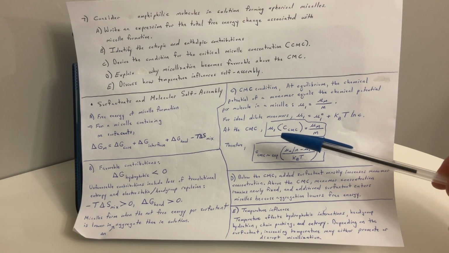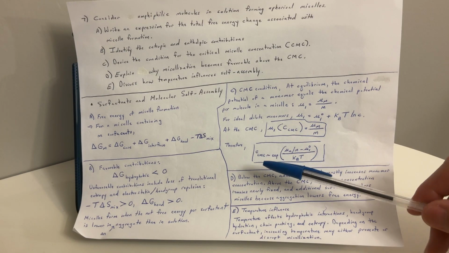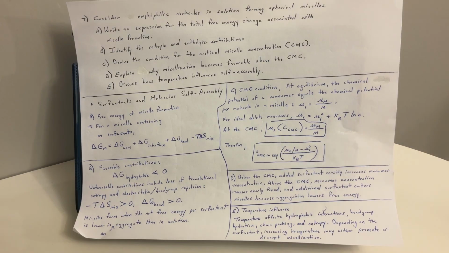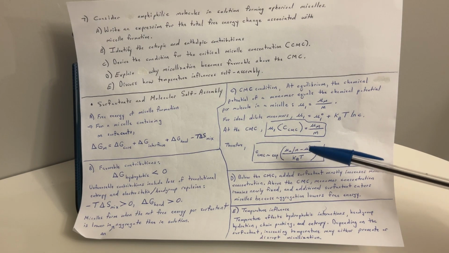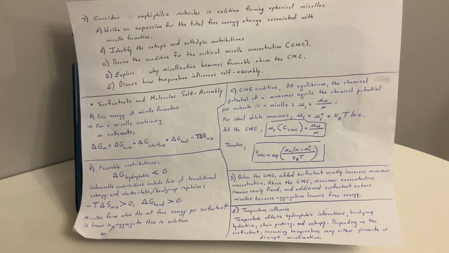And then we get C sub CMC equals this. So we get our C sub CMC proportional to the exponential of mu sub M over M, over K sub B T.